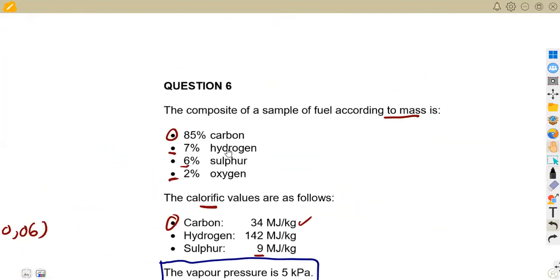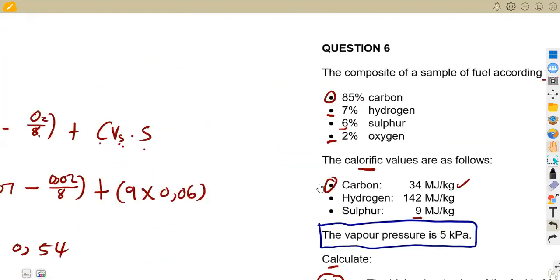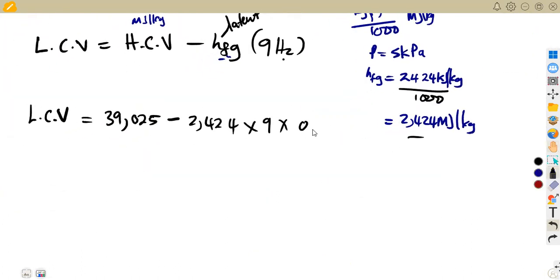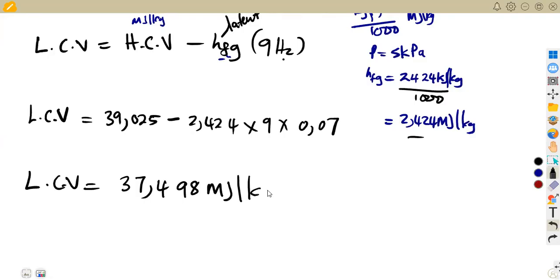From our information, hydrogen has 7%, so that's 0.07. That gives us the lower heat value of 37.498 megajoules per kg, all right, per kg of fuel.